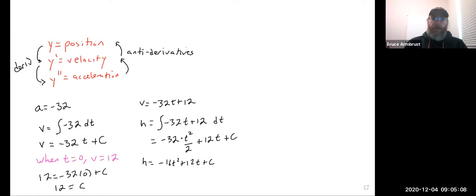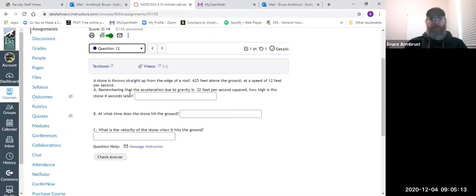If we go back to the problem, we're told a height, right? If you look at this, it says the stone is thrown straight up from the edge of the roof 625 feet above the ground. So that means that at the very beginning, at t equals 0, our height was 625.